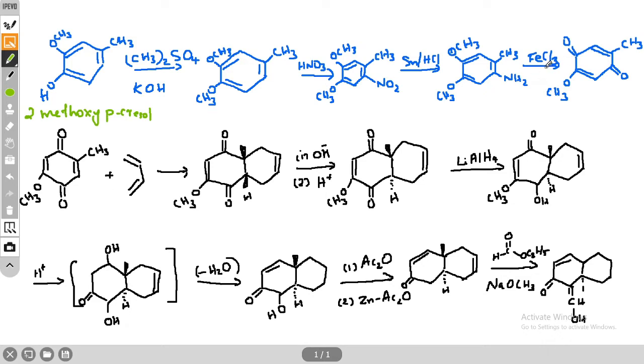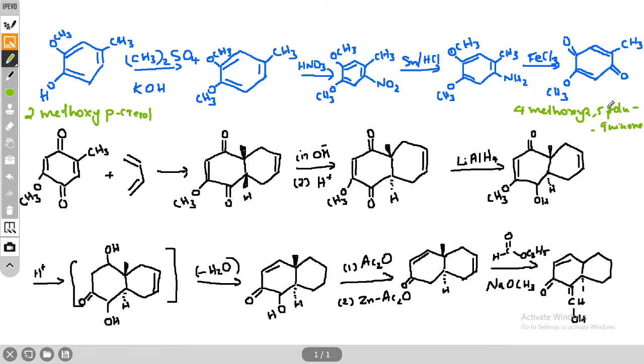When it is treated with FeCl3, it is converted into a quinoid form like this, that is 4-methoxy-2,5-toluquinone.